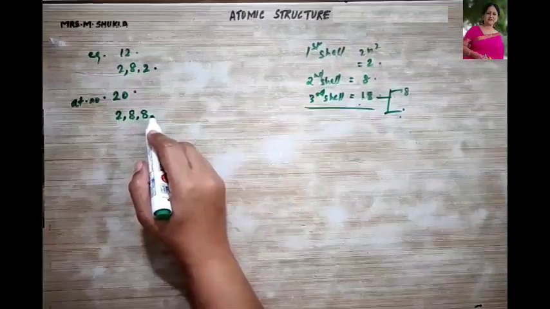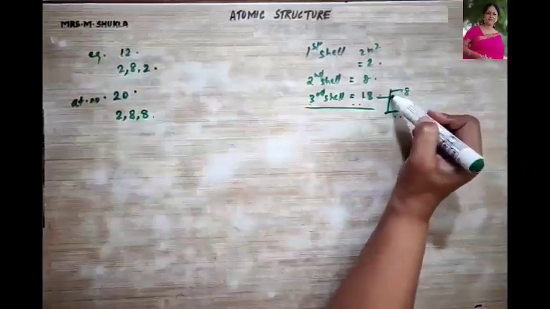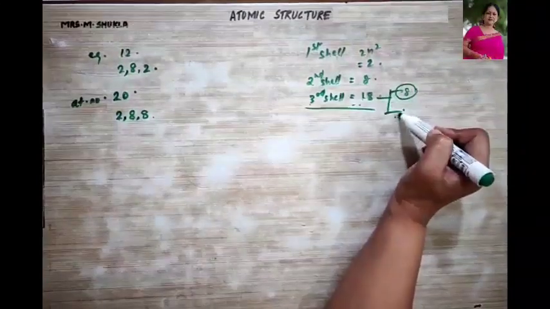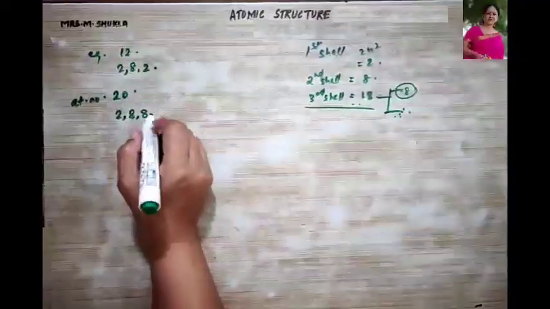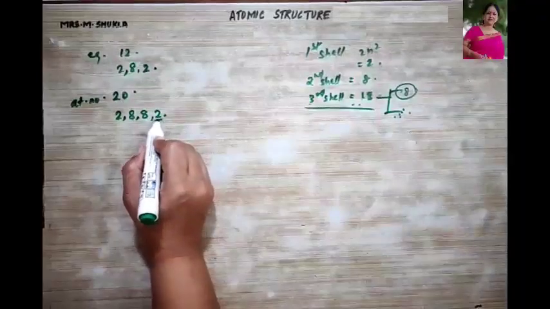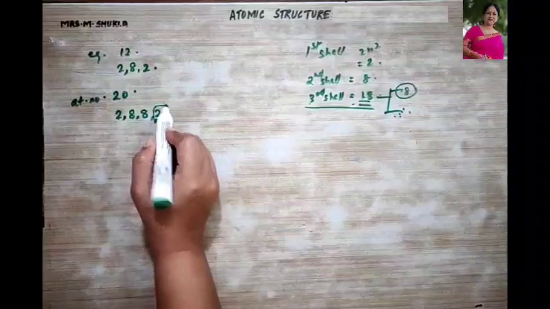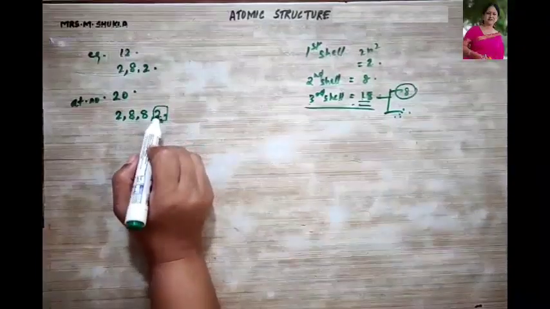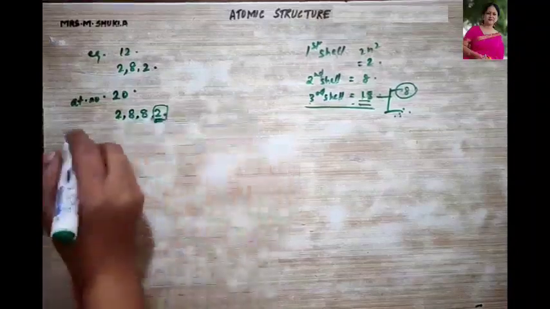Now in the fourth shell, as I told you, the third shell is divided into 2 parts. So the third shell becomes your 8. The fourth shell now will have the 18 electrons. But here how many are there? Just 2. So here 2 electrons will enter. So at this stage, actually your 18 electrons are filled over here, but since there are only 2, 2 electrons will be brought up over here.